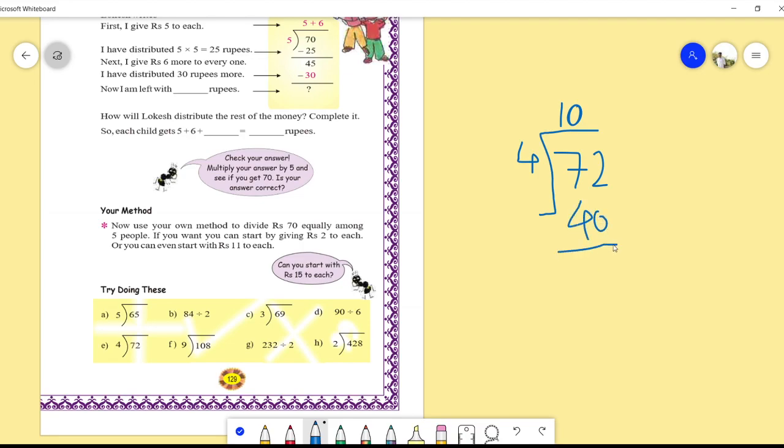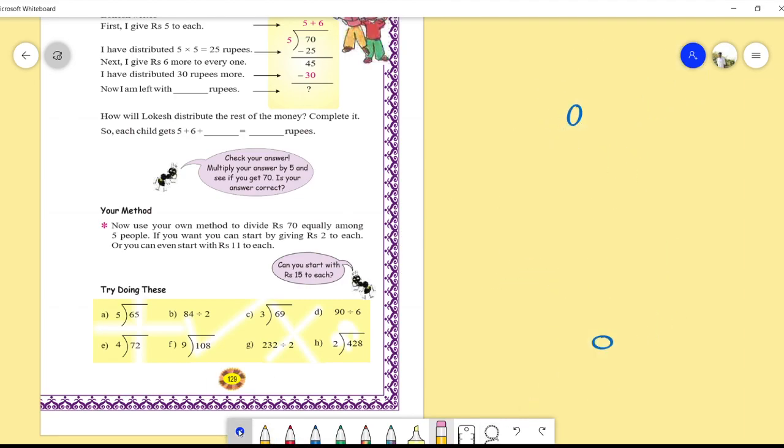The remainder will be 32. And we know in the table of 4 where the 32 comes. So 4 8s are 32. So the remainder will be 0. So 10 plus 8 will be the answer.